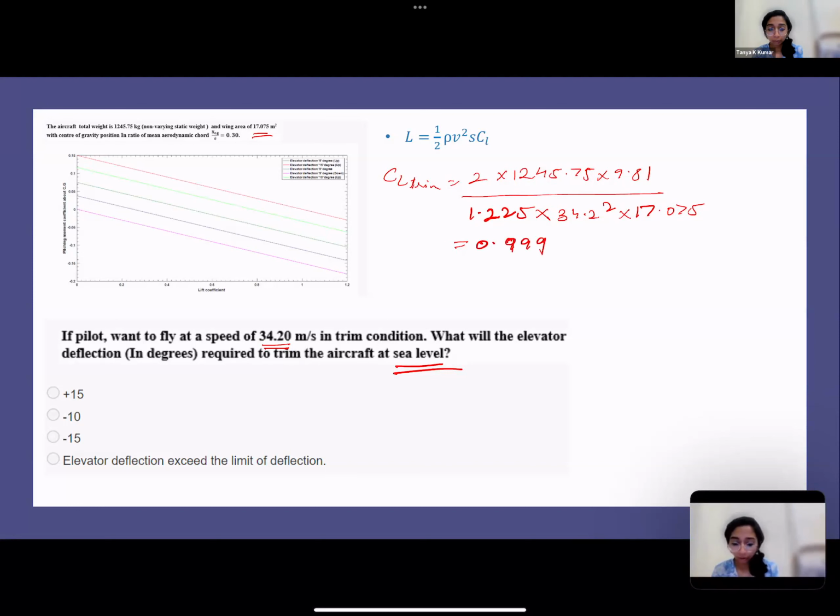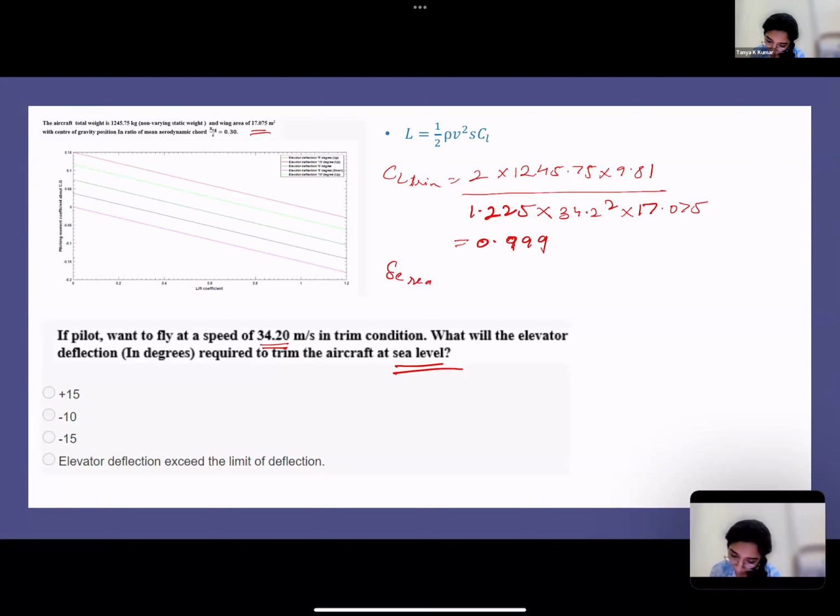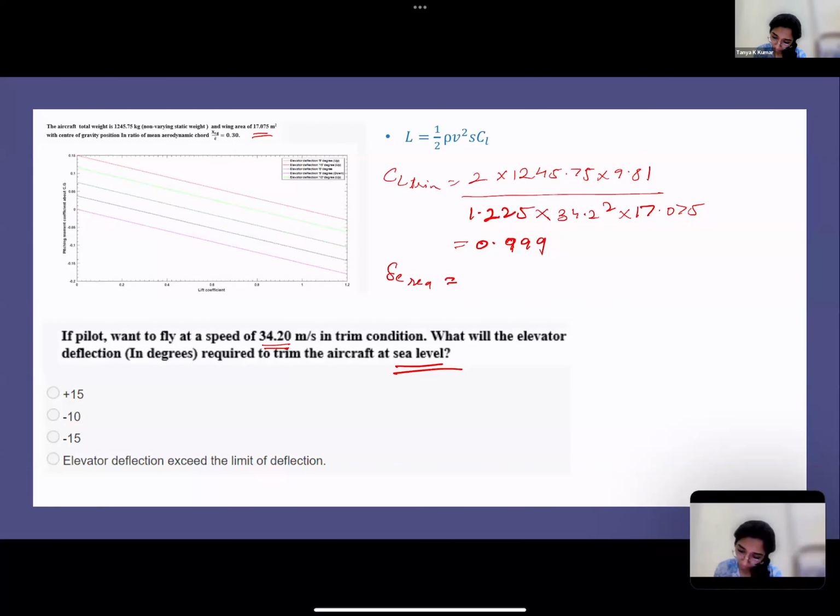They've asked how much elevator deflection is required. So the equation for elevator deflection was delta E equals, into CL trim, where delta E naught, okay, let me erase that.